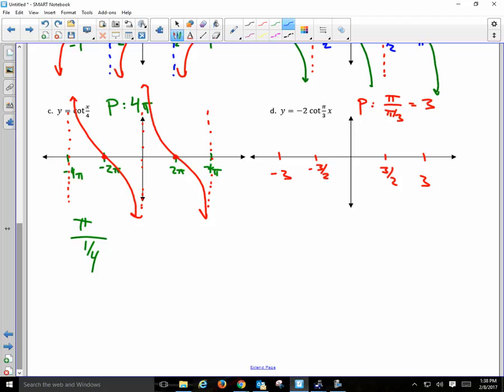Is cotangent equal to 0 at the period, or undefined at the period? Undefined at the period. It's equal to 0 halfway in between. Is this going to start up and finish down, or start down and finish up? Start down and finish up.